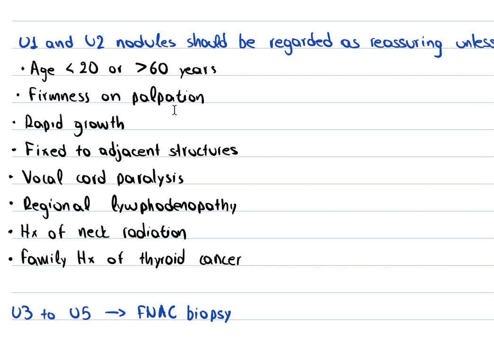It is firm on palpation, rapid growth, fixed to adjacent structure, vocal cord paralysis is there, regional lymphadenopathy, history of neck radiation, and family history of thyroid cancer. Then we should go ahead with the next step. And if this is a U3 to U5, always go ahead with FNAC biopsy, which is fine needle aspiration cytology biopsy.